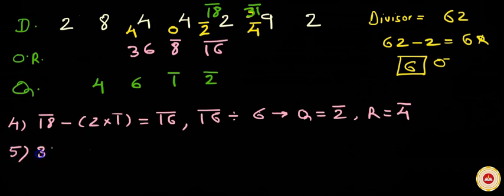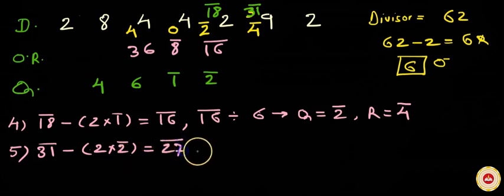Minus 31 minus 2 times the last quotient, which gives us minus 31 minus minus 4, that is minus 31 plus 4, which gives us minus 27, negative 27.